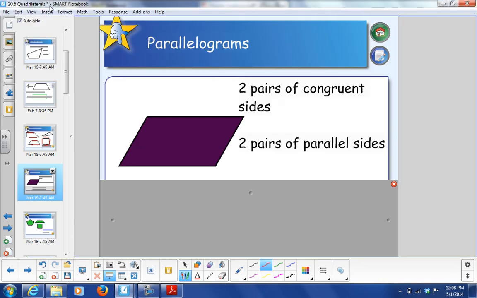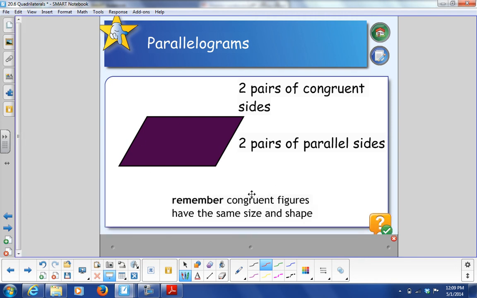Okay, another one is a rhombus. I'm sorry, a parallelogram. I went ahead of myself. A parallelogram has 2 pairs of congruent sides and 2 pairs of parallel sides.